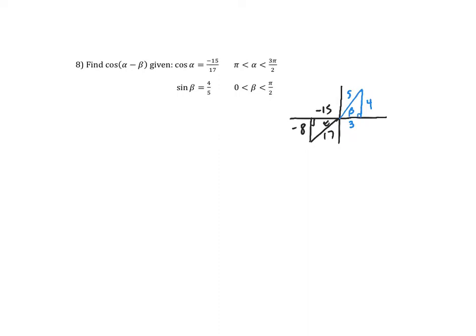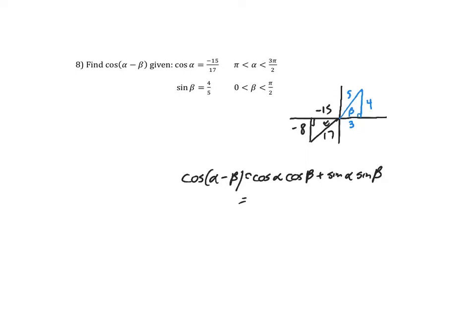All right, and it asks for cosine of alpha minus beta. Well, I know that cosine of alpha minus beta is going to be equal to cosine of alpha times cosine of beta plus sine of alpha sine of beta. Now, at this point, it's just a matter of using the triangles to figure out what those ratios are.